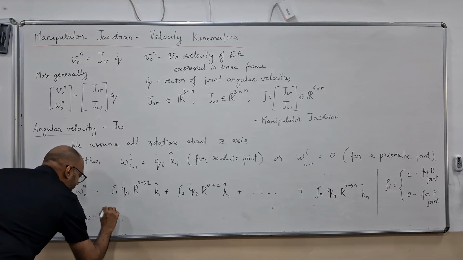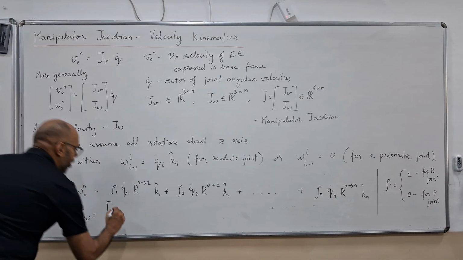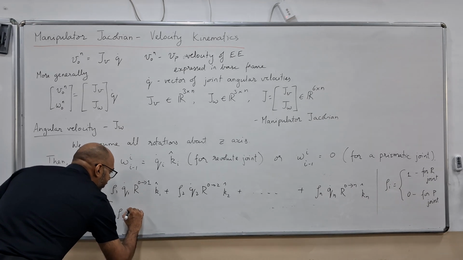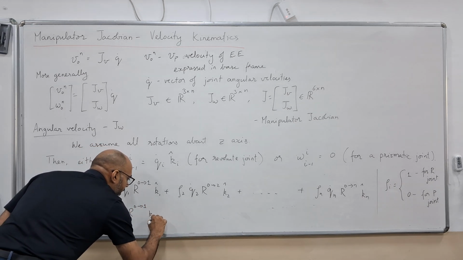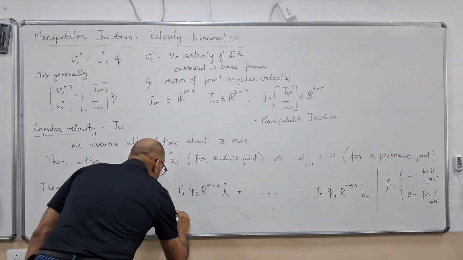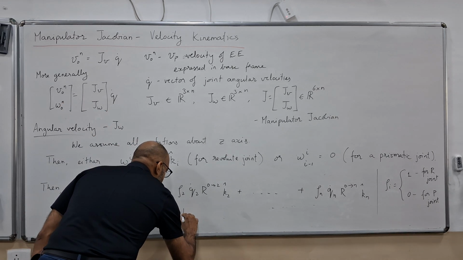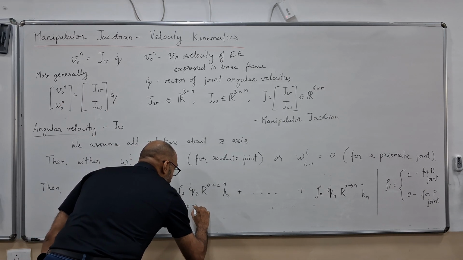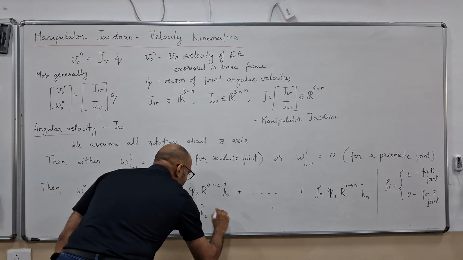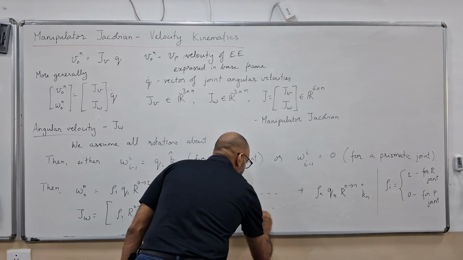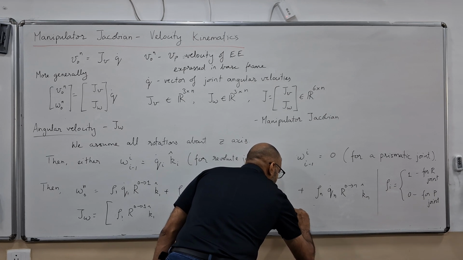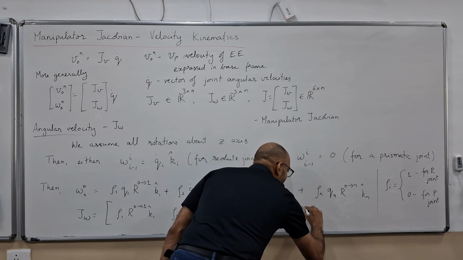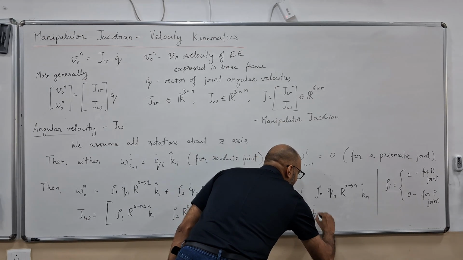So J omega is nothing but rho 1 r0 to 1 k1 hat, rho 2 r0 to 2 k2 hat, and so on and so forth, all the way up to rho n r0 to n kn hat.